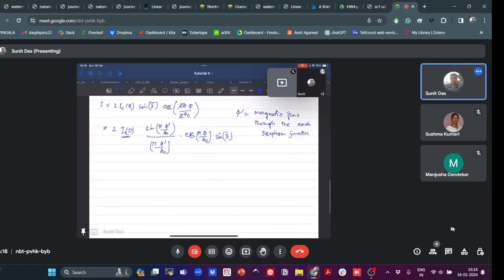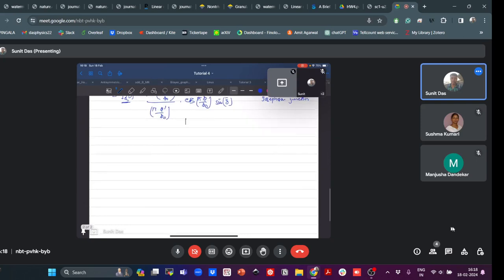Now let's see what is the form of current as a function of magnetic field. ICB, initially when there was only one Josephson junction, we had something like this.